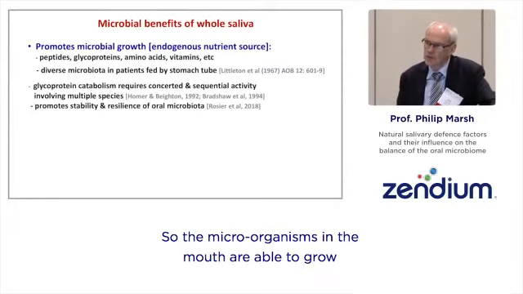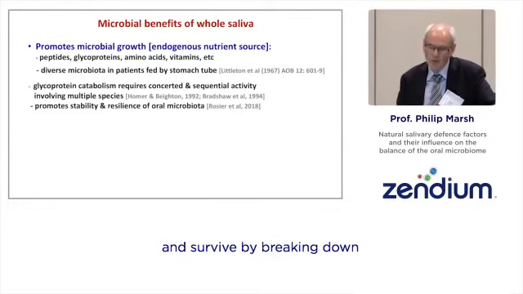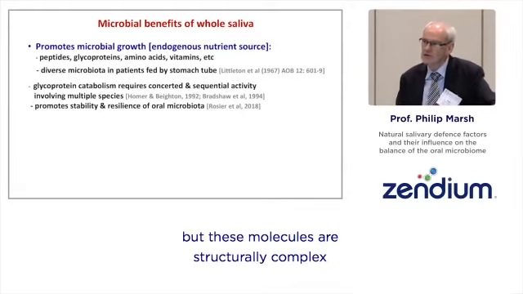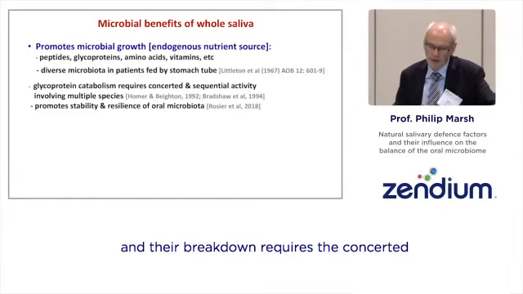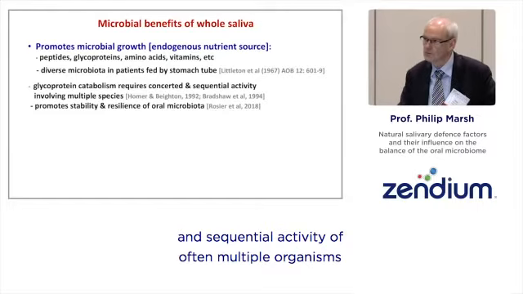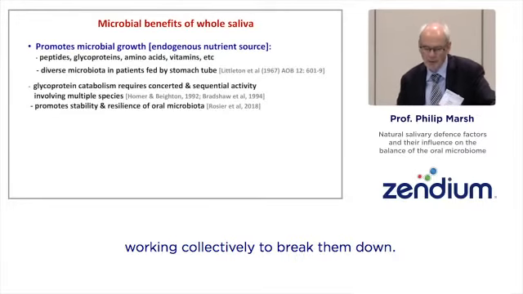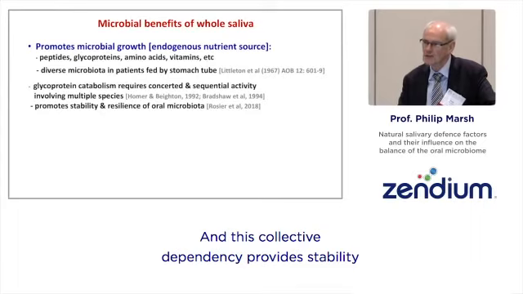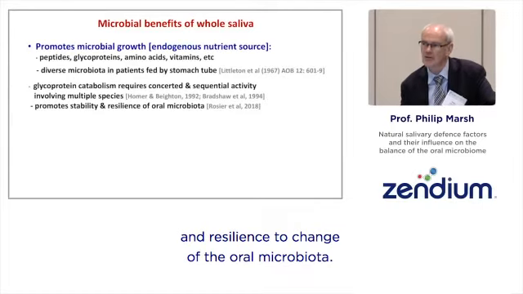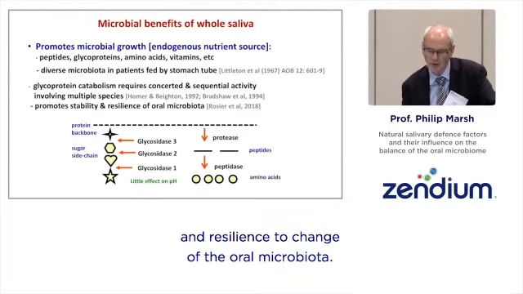The microorganisms in the mouth are able to grow and survive by breaking down the glycoproteins, such as the mucins. But these molecules are structurally complex, and their breakdown requires the concerted and sequential activity of often multiple organisms working collectively to break them down. And this collective dependency provides stability and resilience to change of the oral microbiota.